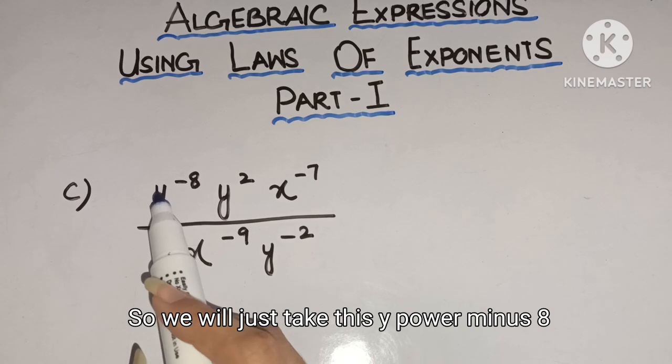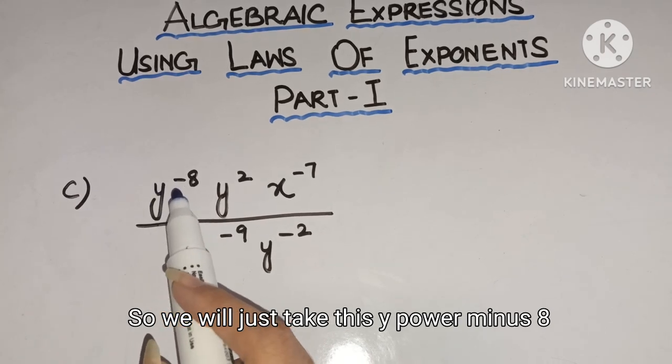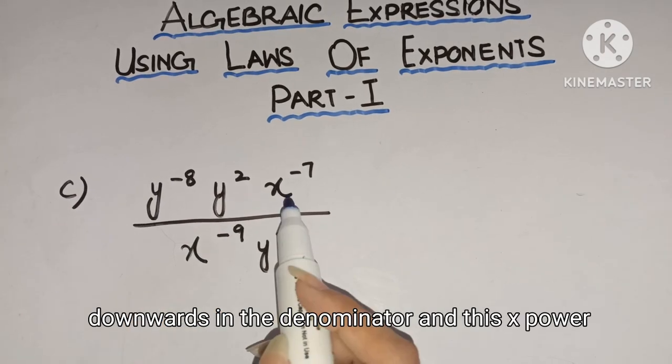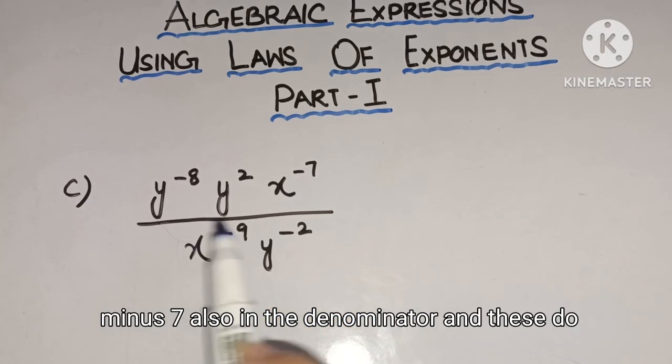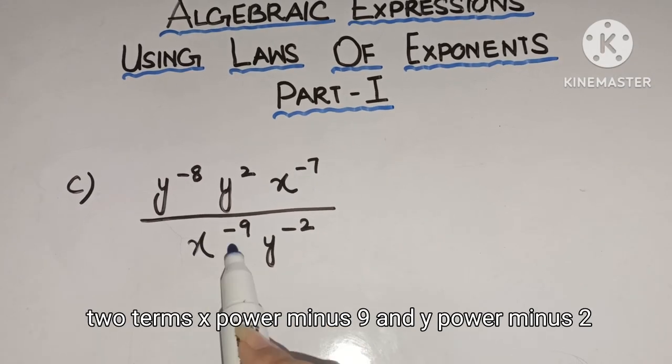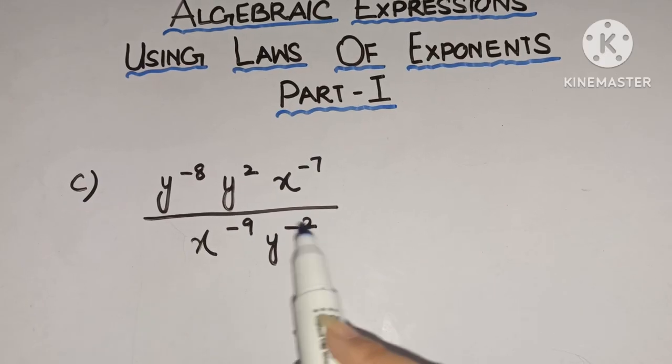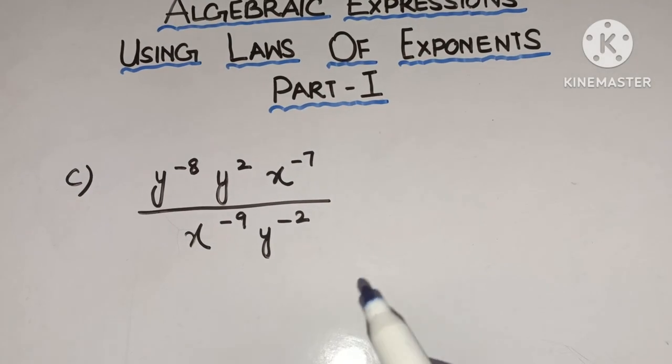So we will just take this y power minus 8 downwards in the denominator, and this x power minus 7 also in the denominator, and these two terms, x power minus 9 and y power minus 2 in the numerator, to make them the positive powers.